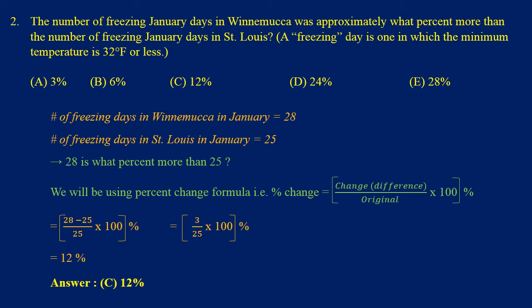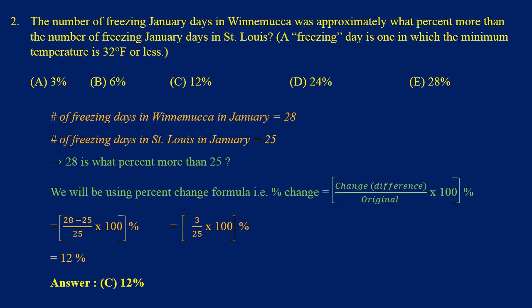So we're going to look at the first graph only, and in that graph we're going to look at the month of January only, and in that month we're going to look at the temperatures of Winnemucca and St. Louis. Not just the temperatures, but the number of days with minimum temperature of 32 degrees Fahrenheit or less.